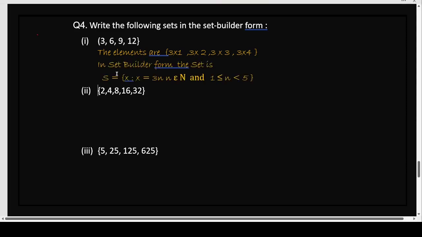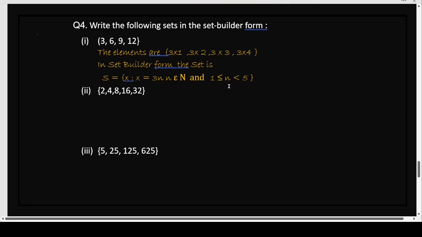In set builder form, the set is S equals X such that X is equal to 3n, 3 into n, where n belongs to natural numbers and 1 is less than or equal to n less than 5.